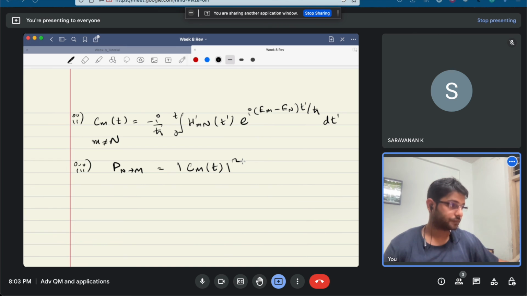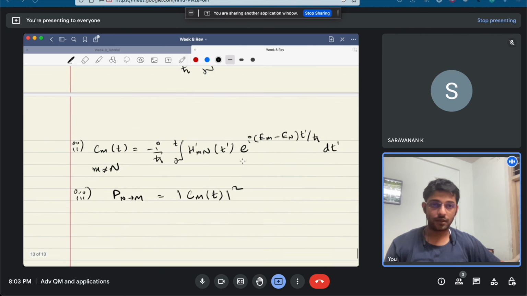I believe these are all the formulas. Based on the perturbative function, you have to calculate these coefficients as a function of time, or the transition probability that you have to find out. So I suppose this is it.